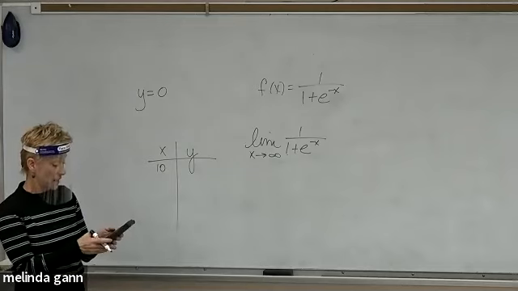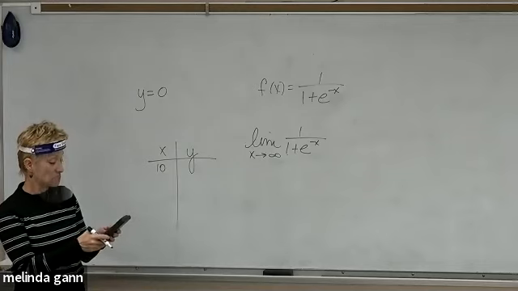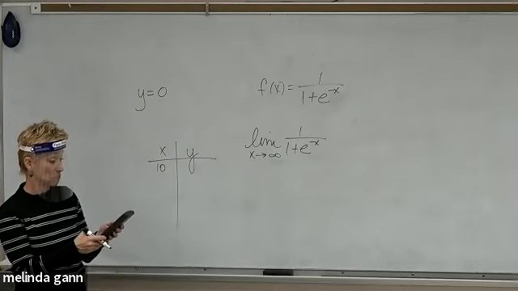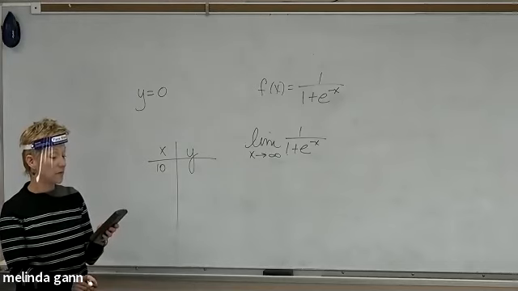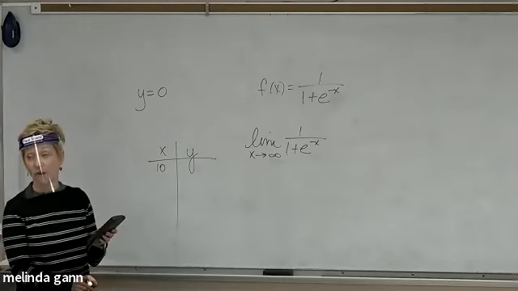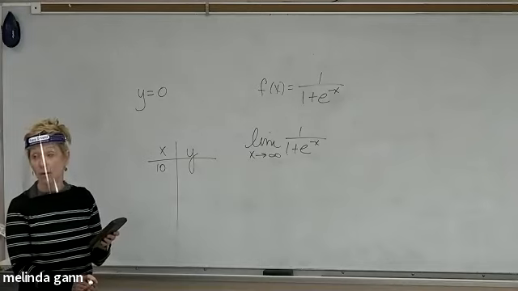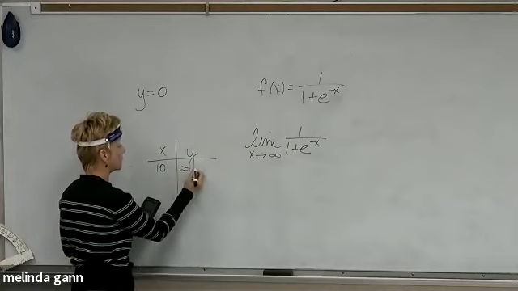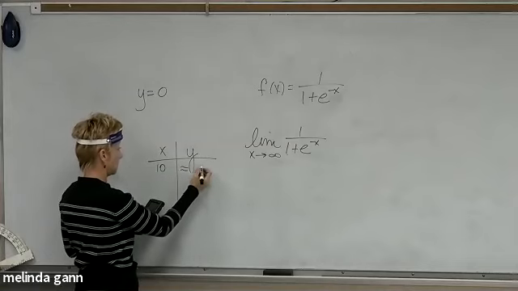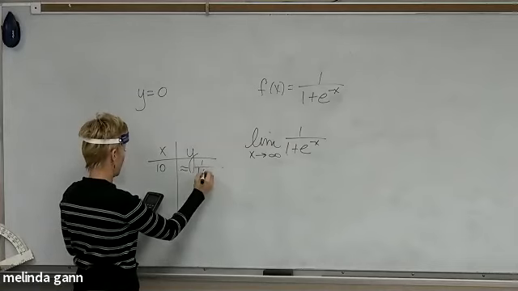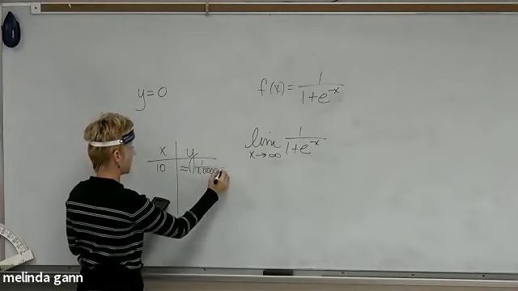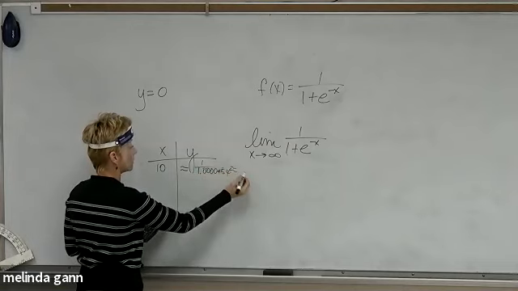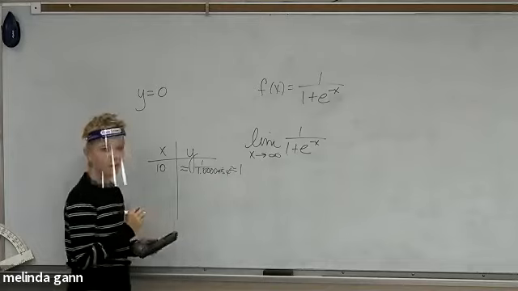So if I do e to the negative 10, and then add 1 to that, don't you get like 1.00000454? What happens when you take 1 and divide by that? What do you get about? I've got 1 over 1.00000454. Isn't that about 1?